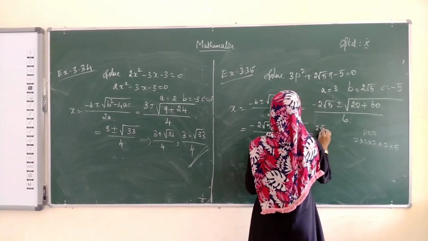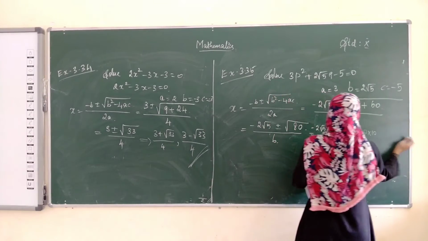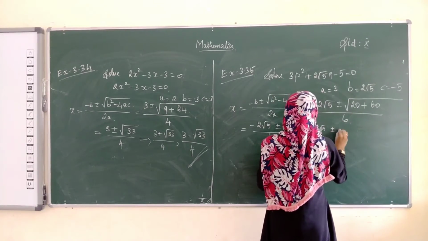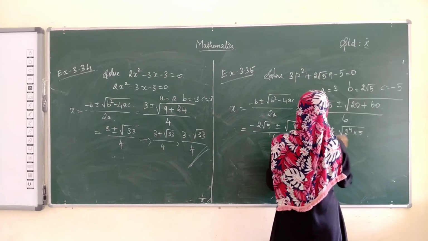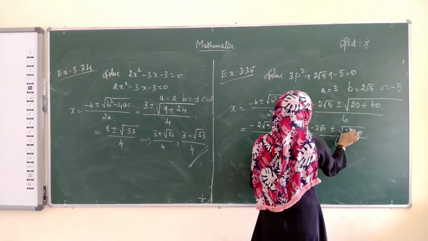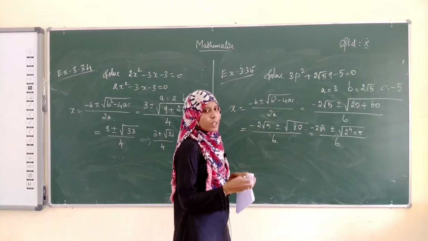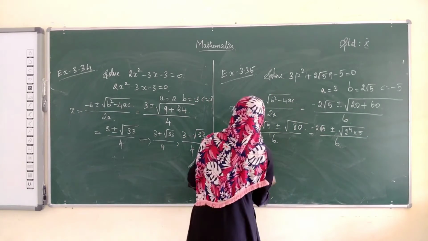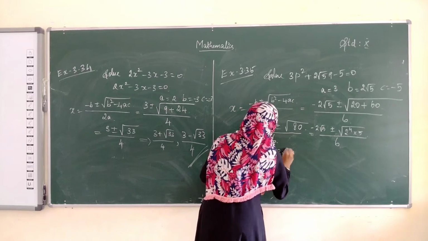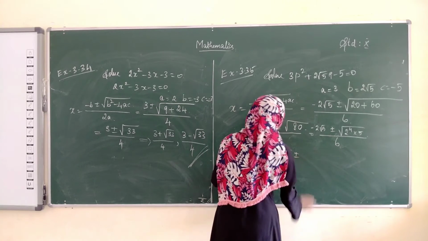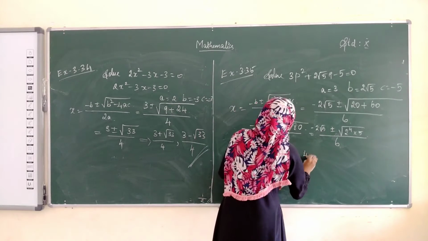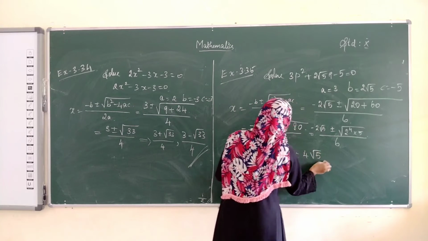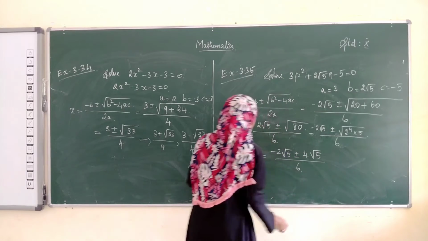Minus 2 root 5 plus or minus root of 2 power 4 into 5 divided by 6. Instead of 2 power 4, we can get 2 square outside of the square root. What's the value? Minus 2 root 5 plus or minus 2 square, 2 square is 4, 4 into root 5 divided by 6.